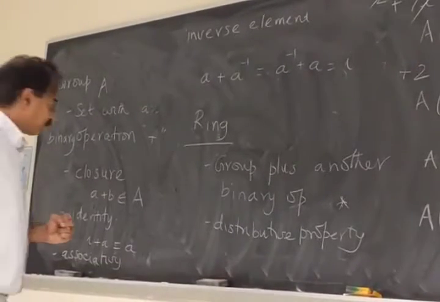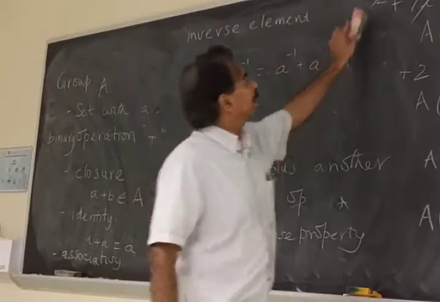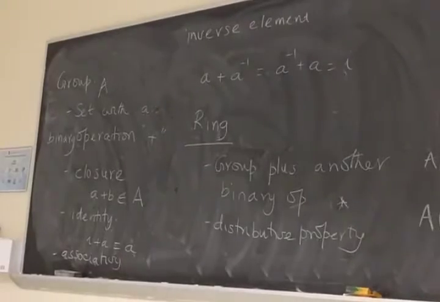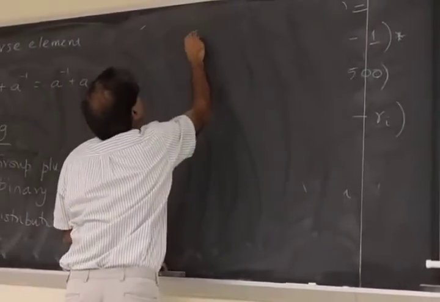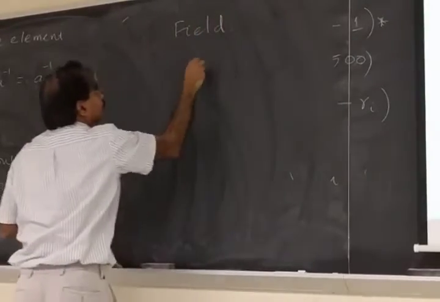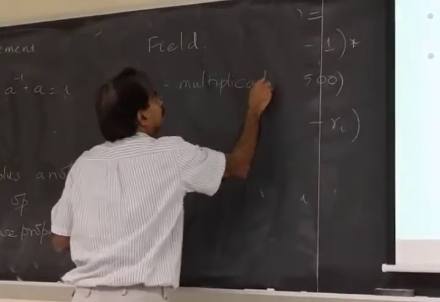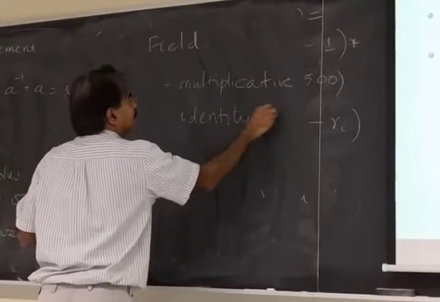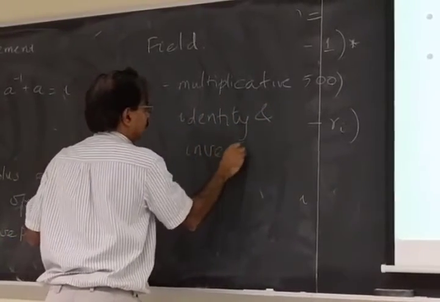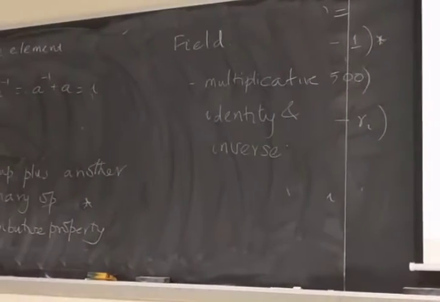Now, to get more structure, you go to what is called a field. In a field, you also insist on multiplicative identity and inverse. You know that on integers there is no multiplicative inverse.